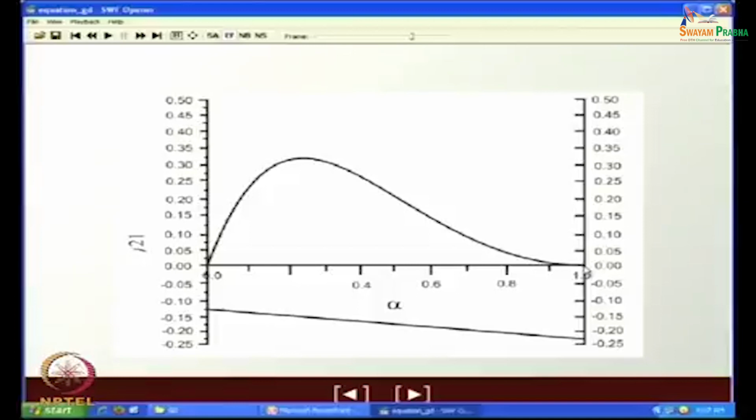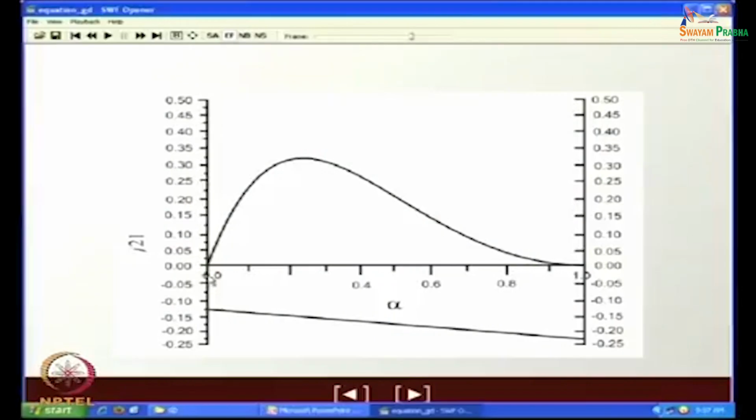If we consider fluid particle systems, then we find that there is a point of discontinuity at one particular alpha. This particular curve which I have shown here cannot extend from alpha equal to 0 to alpha equal to 1. Can you tell me why?